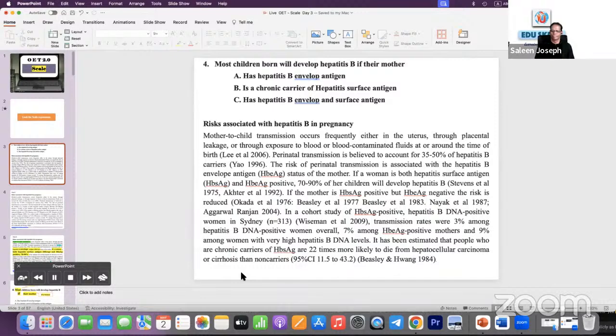Transmission rates were 3% among hepatitis B DNA positive women overall, 7% among HBeAg positive mothers and 9% among women with very high hepatitis B DNA levels. It has been estimated that people who are chronic carriers of HBsAg are 22 times more likely to die from hepatocellular carcinoma or cirrhosis than non-carriers. 95% CI 11.5 to 43.2, Beasley and Huang 1984.